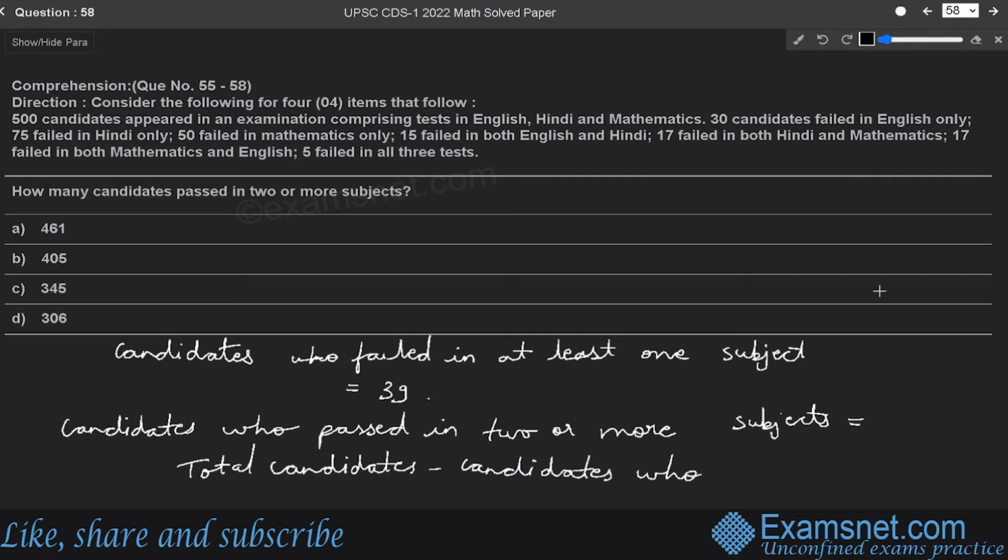Because when we have to find how many candidates actually passed in 2 or more subjects, what we will do is we will take the total candidates and we will subtract the candidates who failed in at least one subject. So we will get the value for candidates who passed in 2 or more subjects. So now I hope up to here it is clear to you.